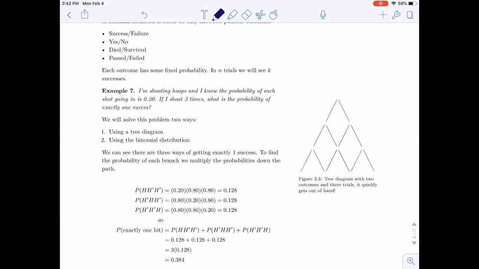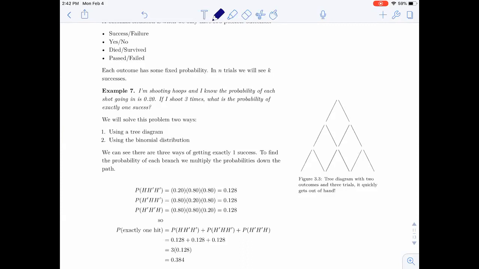We have one way of solving this problem. And so there's 2 ways, of course. Using a tree diagram, which is how you already know how to solve this problem, or we can use a binomial distribution, because it either goes in or it doesn't.